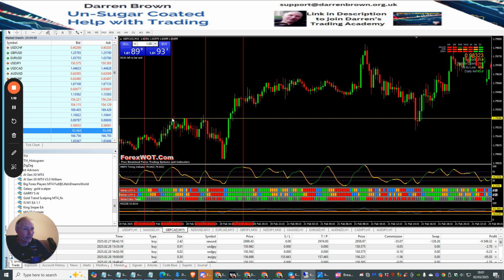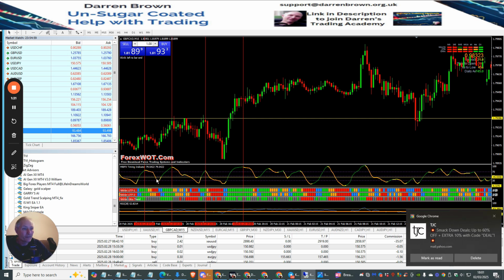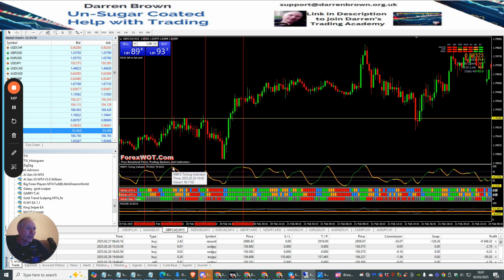So if we got in here where the indicator goes green, as soon as it goes to yellow and it starts to fall, this is when you place a sell trade. When you place the sell trade, you want to be looking for 10 to 15 pips max, which will give you around $25 to $30 with a one lot.